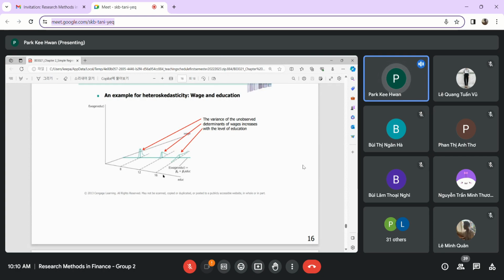So maybe the heteroscedasticity assumption may be more realistic. If you look at the wage rate among elementary school graduates, there is not much difference in wage rate. But if you look at the difference in wage rate among college graduates, you see a lot of difference in wage. So the homoscedasticity assumption may be unrealistic.